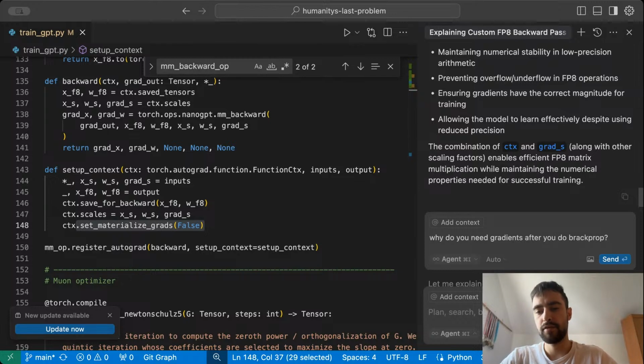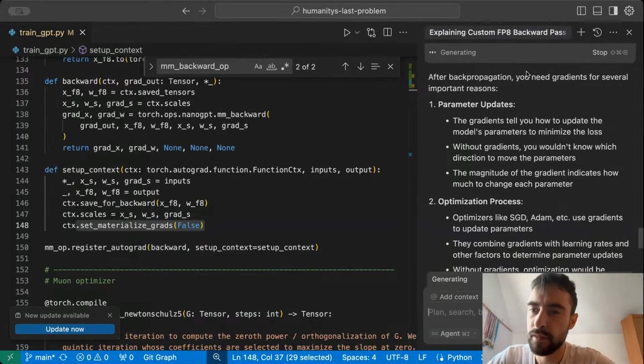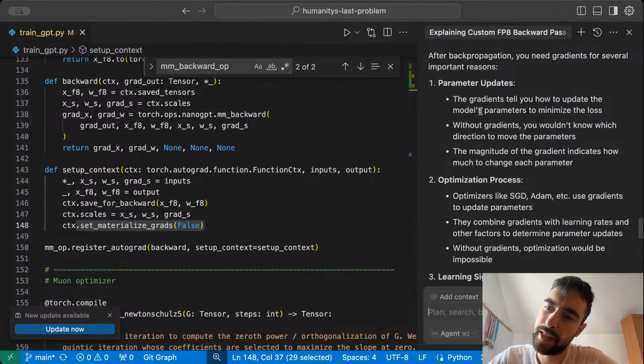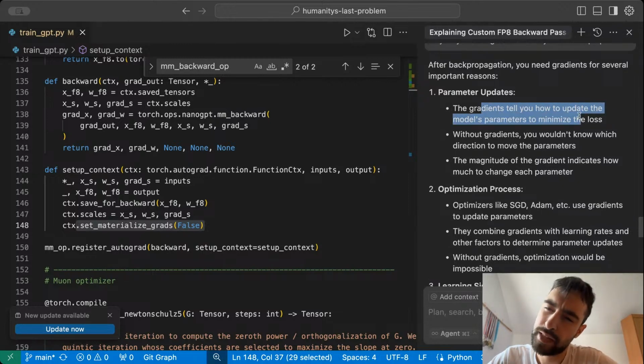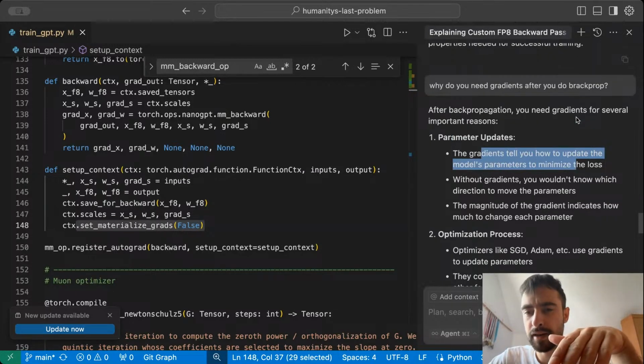I guess for gradient accumulation, and maybe parameter updates. The gradients tell you how to update the model. Wait, I said after, so I guess parameter update happens during the backpropagation, right?